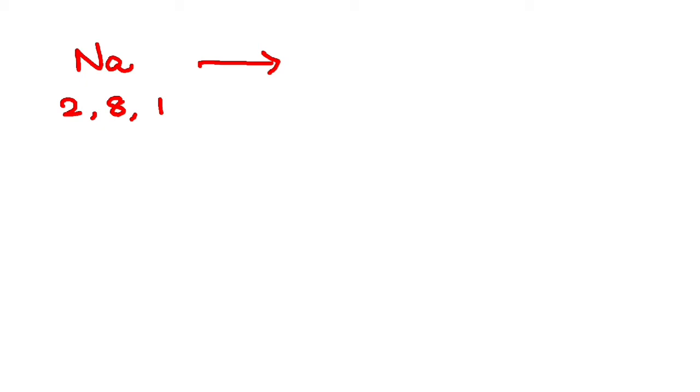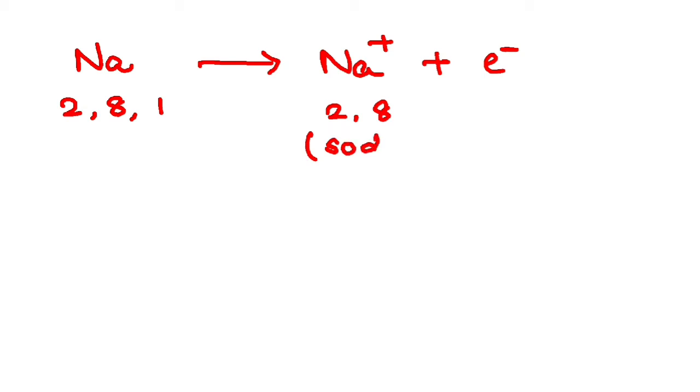Electron is negatively charged, so when it releases the electron, it will become positive. 1 positive, so it will become Na plus, and obviously 1 electron it has released. So this will be 2, 8. Right? So Na plus is nothing but sodium cation. Positive is cation, sodium cation.